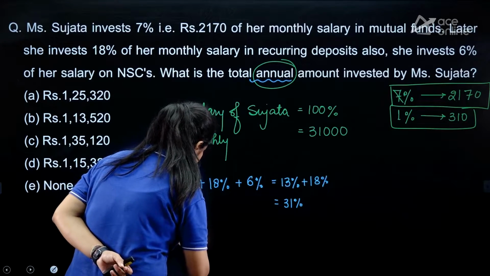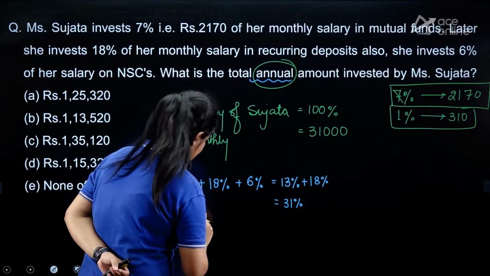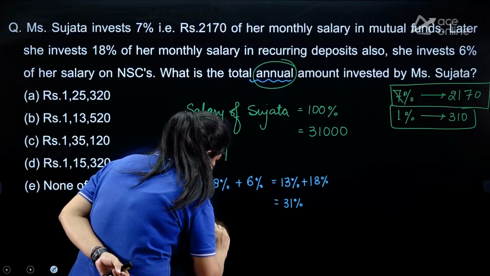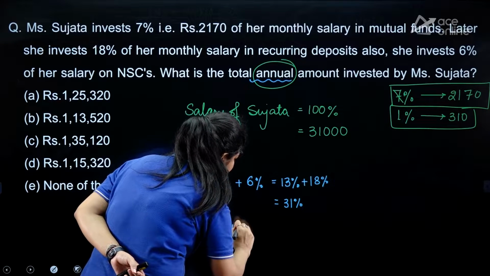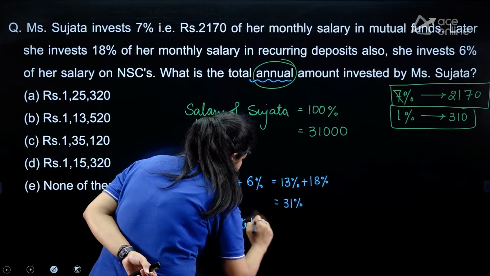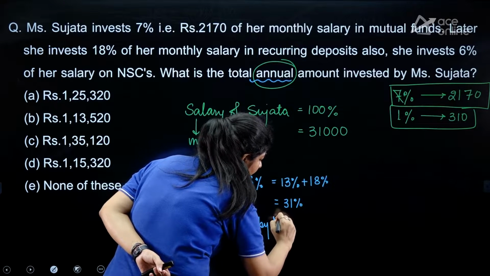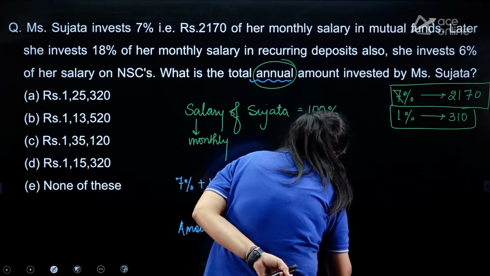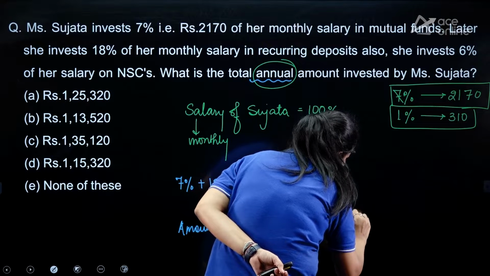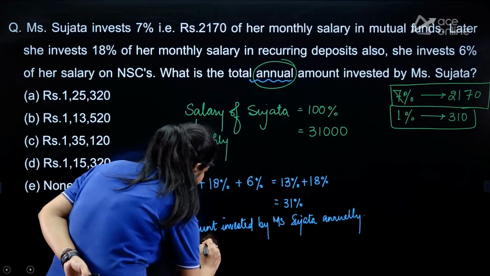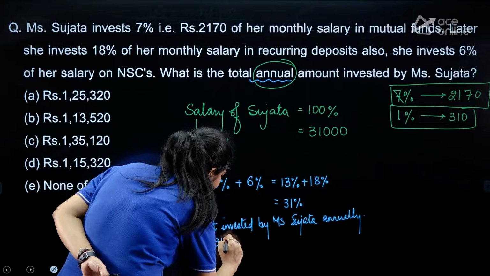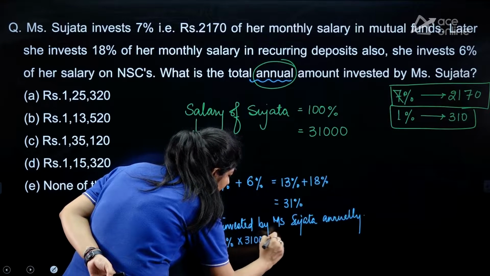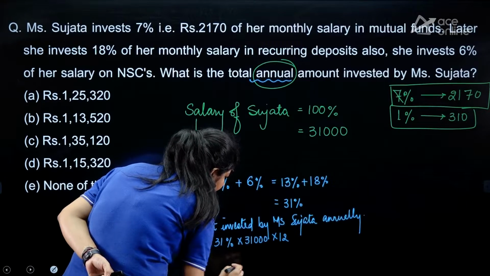So the amount invested by Miss Sujata annually is nothing but 31% of 31,000 into 12, right?